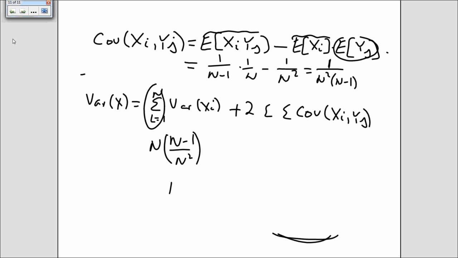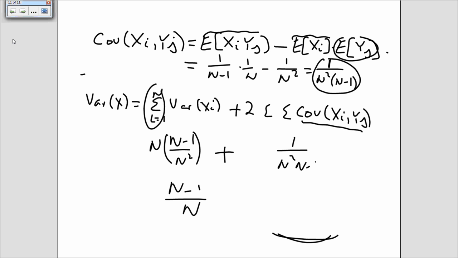So that part is n minus 1 over n. Plus, now, the covariance, this is in front of us. It's 1 over n squared times n minus 1, and there's a 2 in the front.